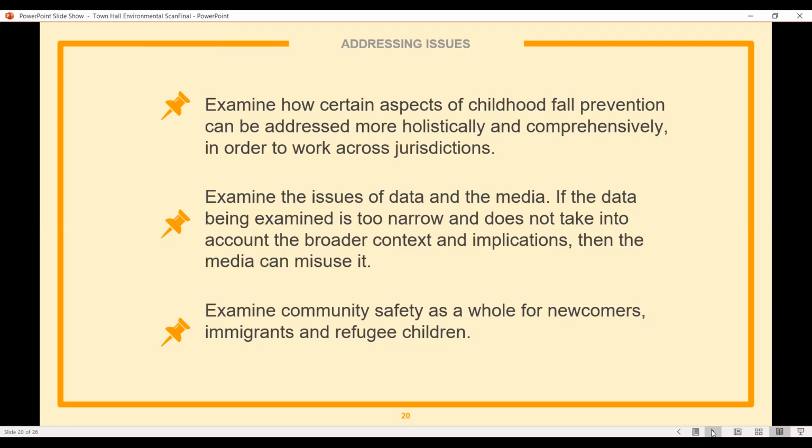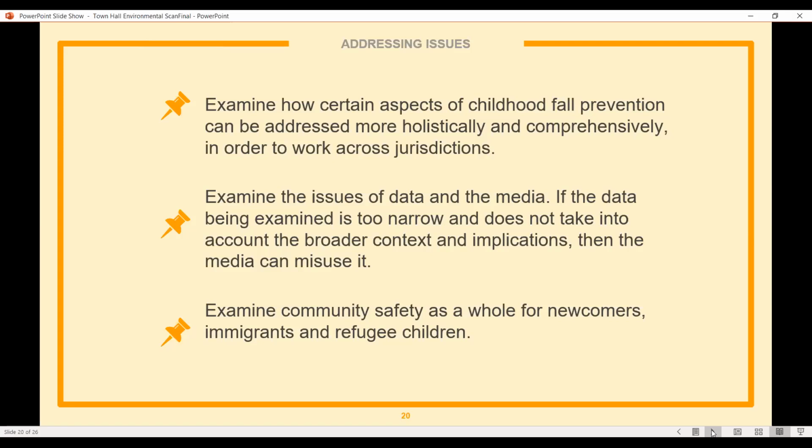Giving you a little bit of an update on that, I can let you know that there is a group currently working on fall prevention indicators, or fall indicators, for children 0 to 9. Their names are Allison McPherson and Sarah Richmond. And their work should come to fruition in 1.5 years, as they are currently investigating those indicators that might help us tell a different story in the future.